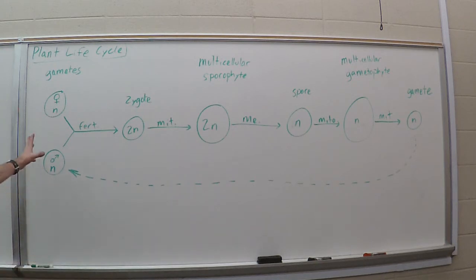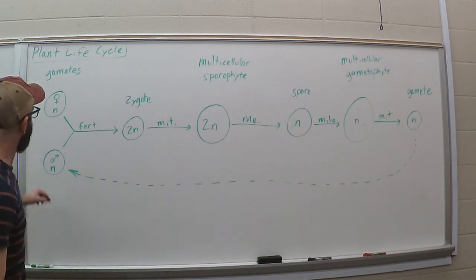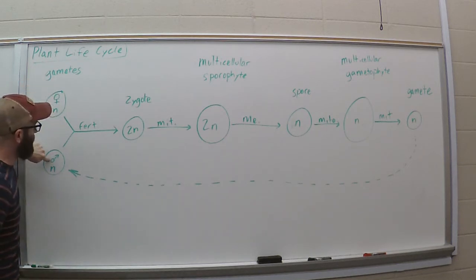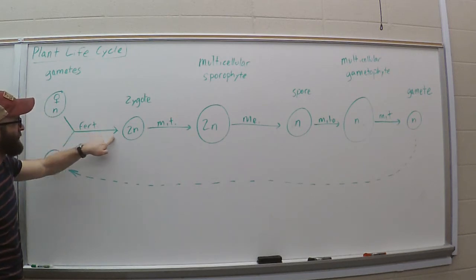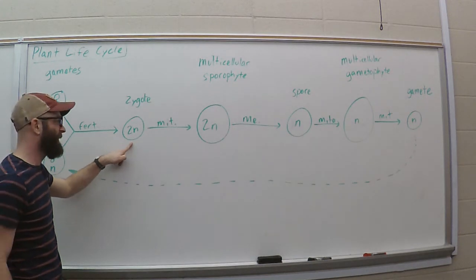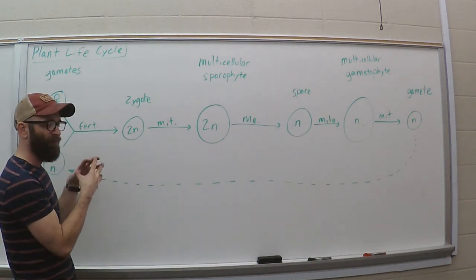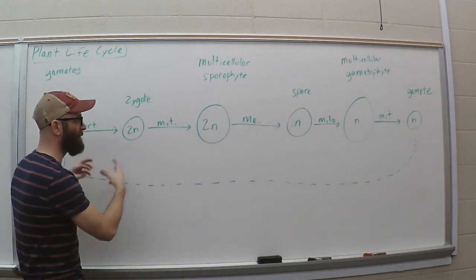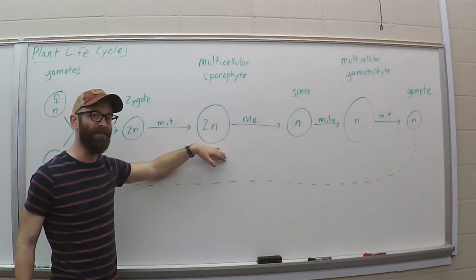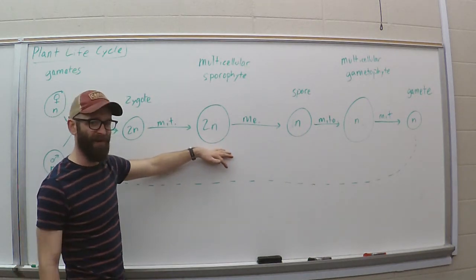So I'll recap because I realize it is kind of confusing. All right, so it starts out the same with a female gamete and a male gamete. They fertilize one another to make a diploid zygote, and the zygote will divide and multiply and grow up into a mature multicellular diploid organism, right? A tree, a shrub, or whatever kind of plant you like.